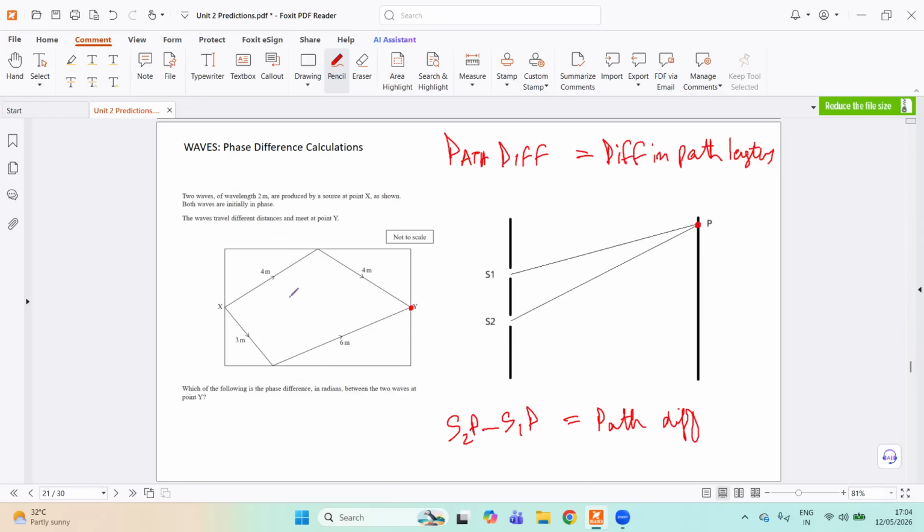Same thing goes over here. Okay, you find out the path lengths and subtract them to get the path difference, and then you check if it's a whole number of wavelengths or an odd number of half wavelengths, as in if it's n lambda or n plus half lambda.